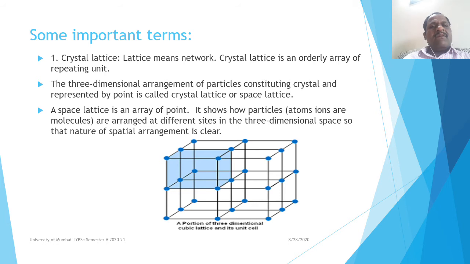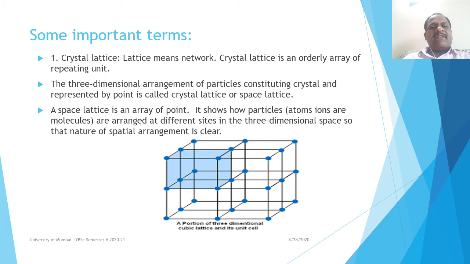So in a network, if there are many constituent particles present in a solid, they should be arranged in a particular fashion. A crystal lattice is an orderly array of repeating units.